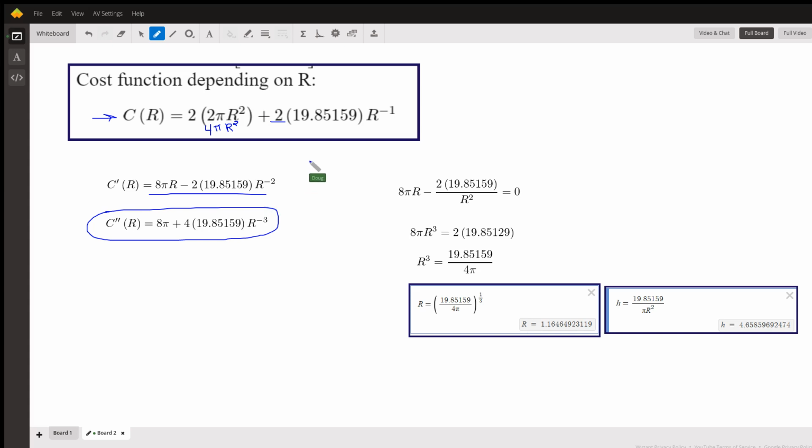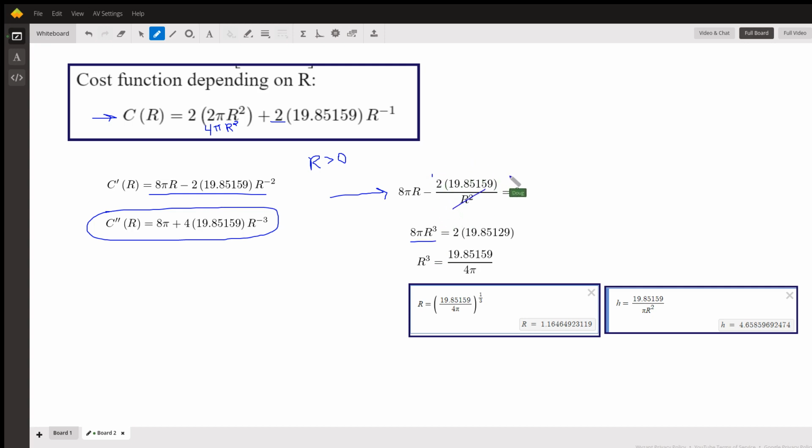Of course, r has to be greater than 0, otherwise we don't have a can. So here's the first derivative set equal to 0, and then we're going to solve for r. I'd multiply every term by r squared, and we get our 8 pi r cubed. This cancels out.